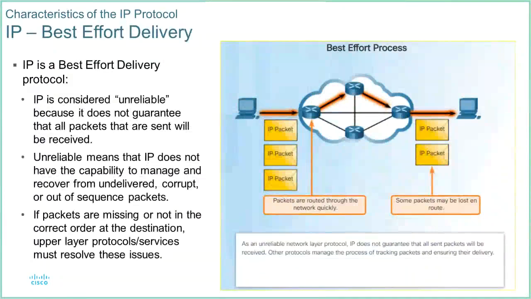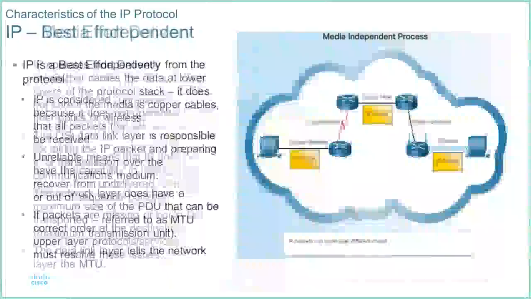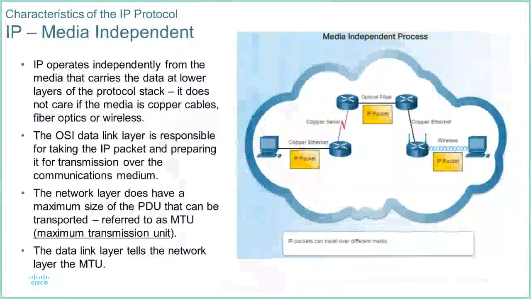Those characteristics contribute to an unreliable rating, because there's no checking of the IP packet on its way. We don't know of any missed or lost during transmission. All of these things happen at the TCP layer.